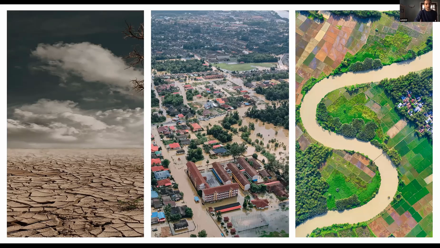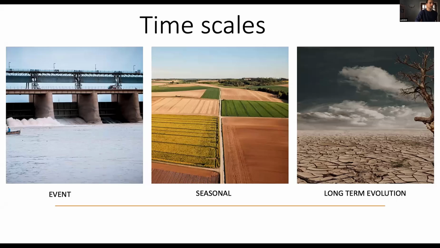So these are the two main reasons why we do care about predicting the evolution of land. And to do so, we use climate models or land models. And the main issue here is that the events that we see on land can span very different time scales. For example, at the scale of a single event, we can think a few hours or a few days. We are interested in these kind of events, for example, for managing a hydroelectric dam or for water regulation or for extreme events.